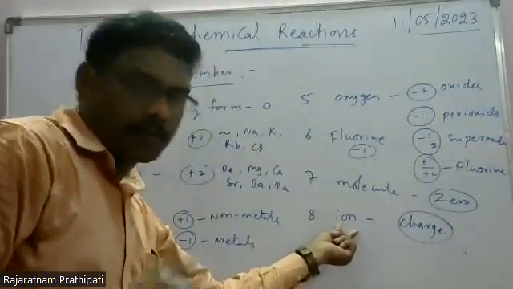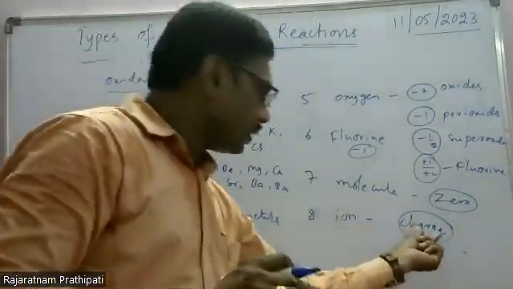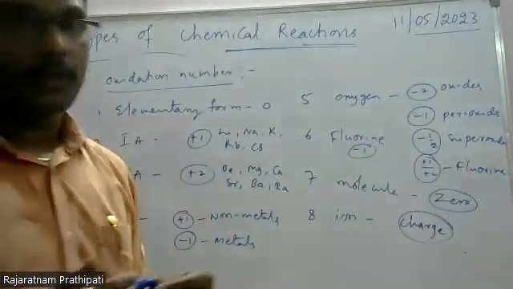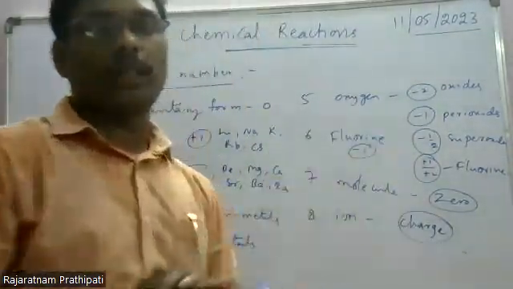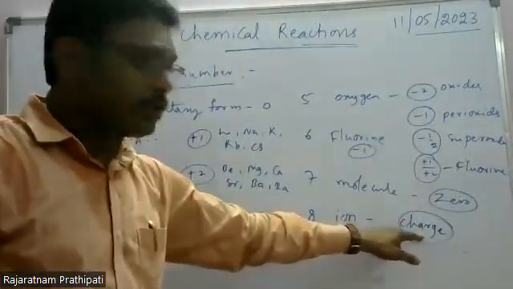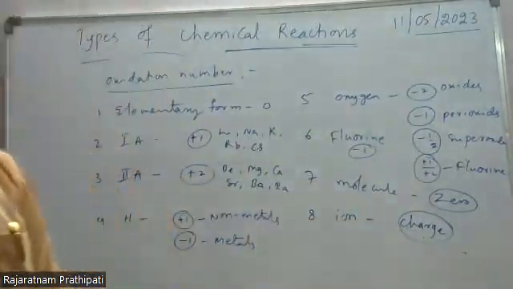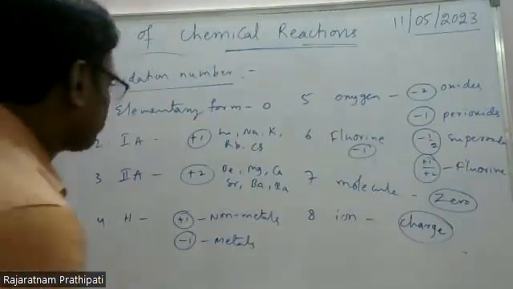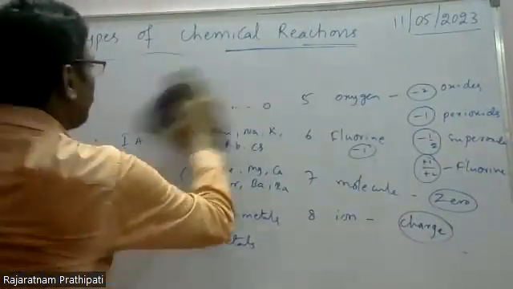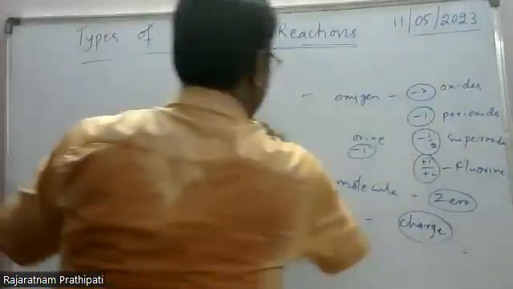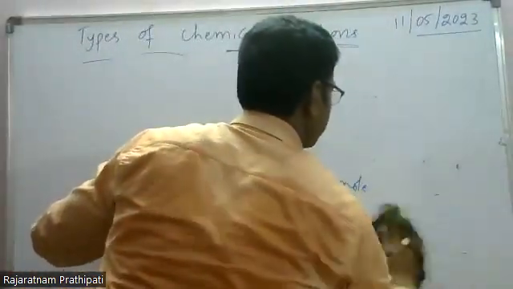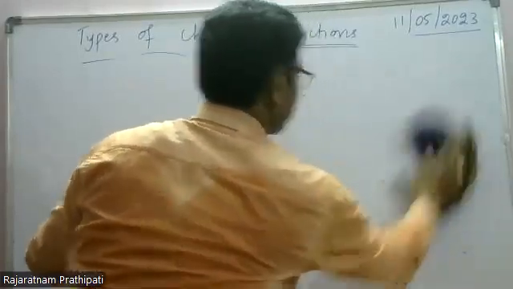In ions, whether positive or negative, the sum of the oxidation states of all the atoms present in the ion is equal to its charge. Is it clear? These are the rules to determine the oxidation states of elements.